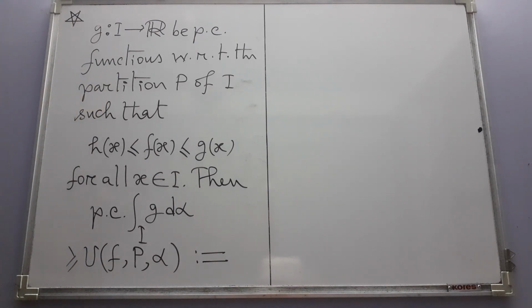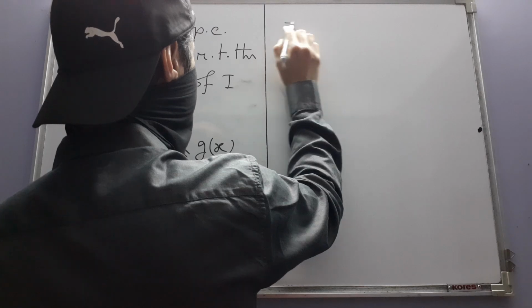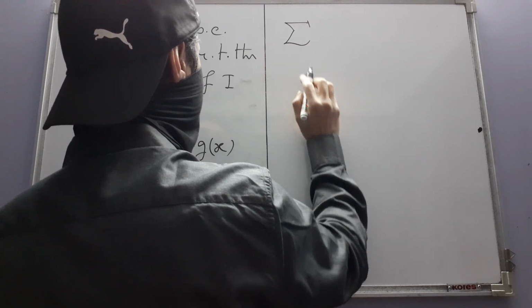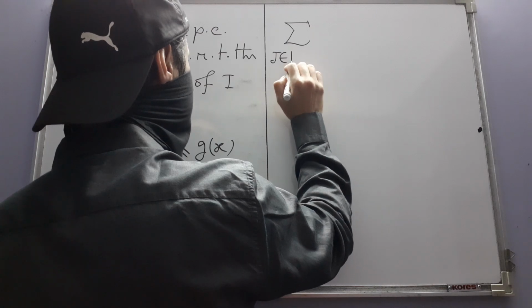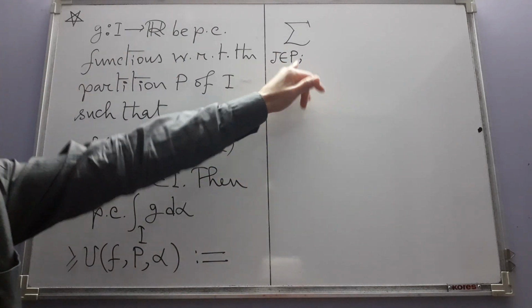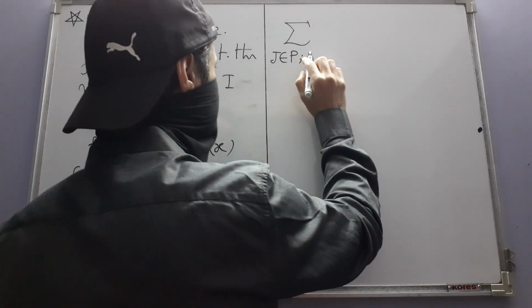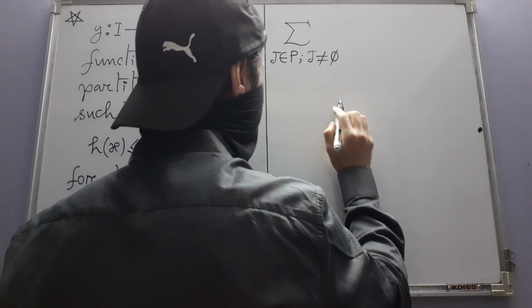This is greater than or equal to this, which by definition is this summation. The summation has terms corresponding to the subintervals j in the partition P such that j is not empty.